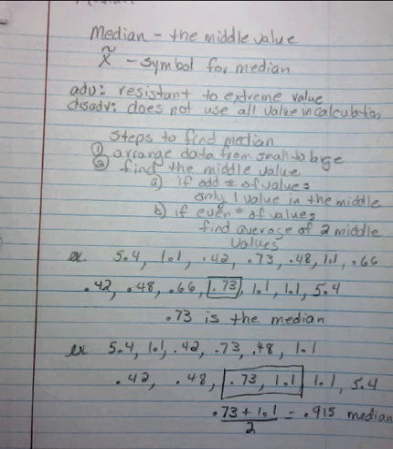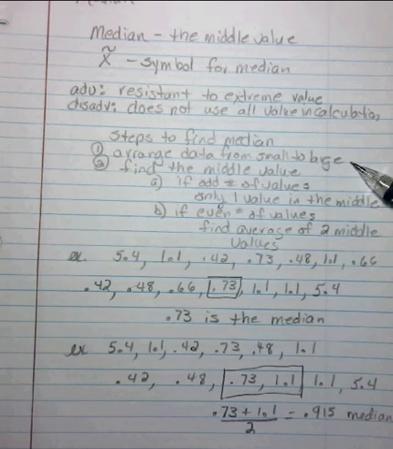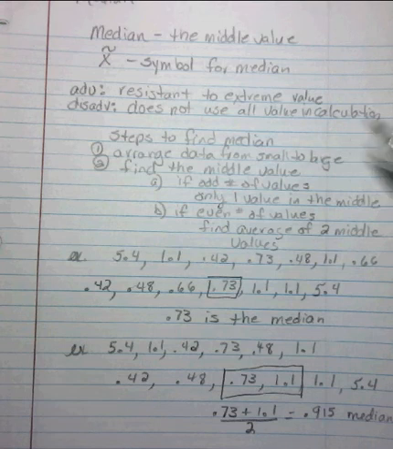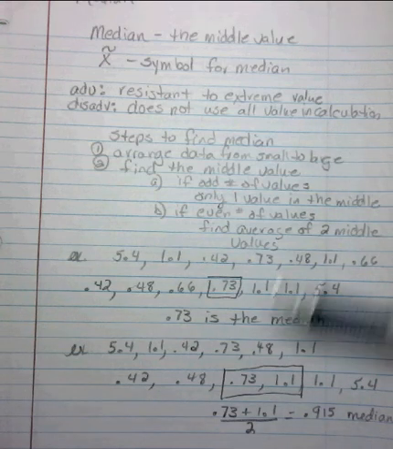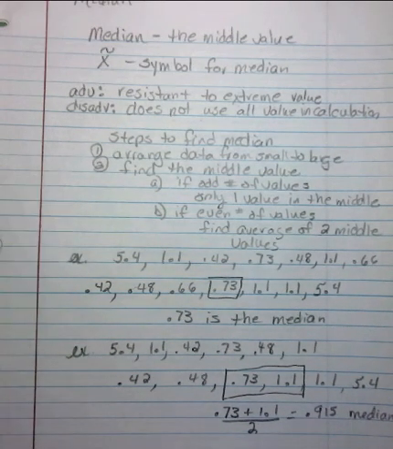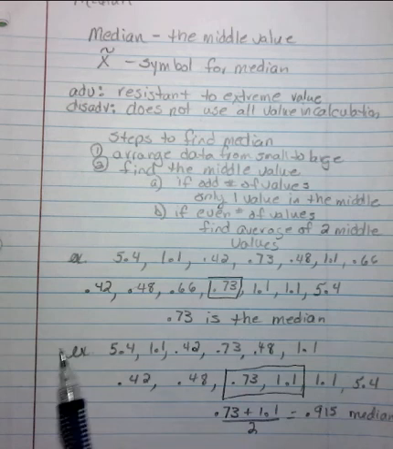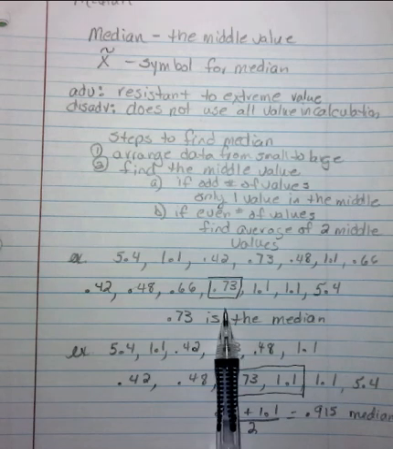So again, to summarize the steps for finding the median, the first thing we do is arrange the data in order from smallest to largest. That's a very important step. Sometimes we forget to do that. We just jump in and find middle values without putting them in order first. So it is very important that we arrange them first. If we have an odd set of data items, then we have a very middle value, and it's easy to find the median.